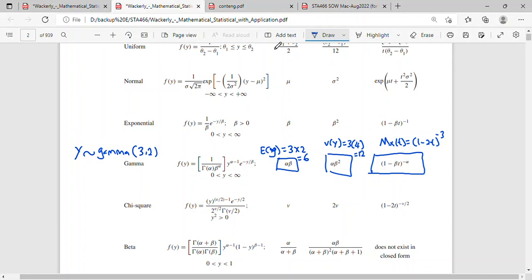Let's say it gives you, okay, given the MGF of a certain distribution x adalah 1 minus 4t power of negative 2. Contoh, dia bagi macam tu.